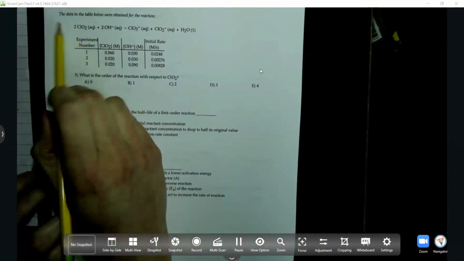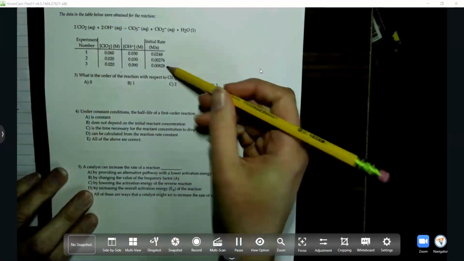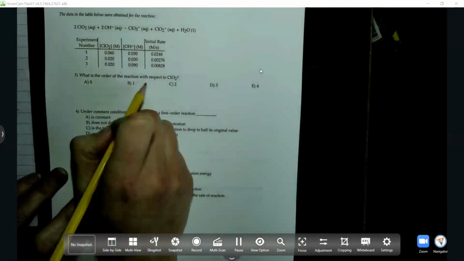All right, let's see. So we have data in the table for this reaction over different experiments where we're changing the concentration of starting material and measuring the rate. And it asks us, what is the order of the reaction with respect to ClO2?